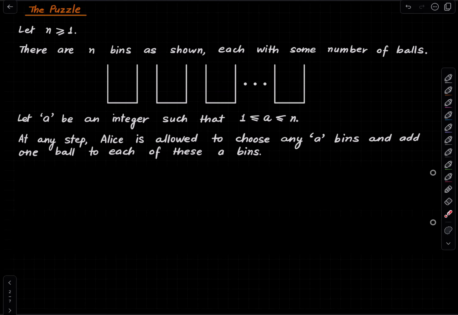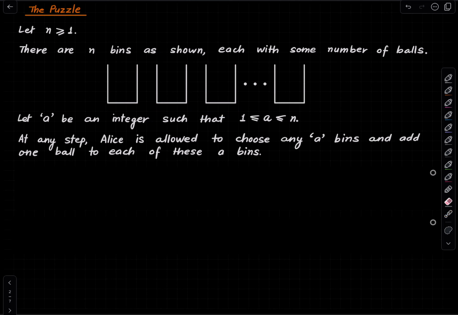At any step, Alice is allowed to choose any of these a bins and add one ball to each of these bins. So Alice has an infinite supply of balls with her. She has been given an indefinite amount of balls. And the game that she is being allowed to play is that at any step, she is allowed to choose a of the bins and add one ball to each of them.